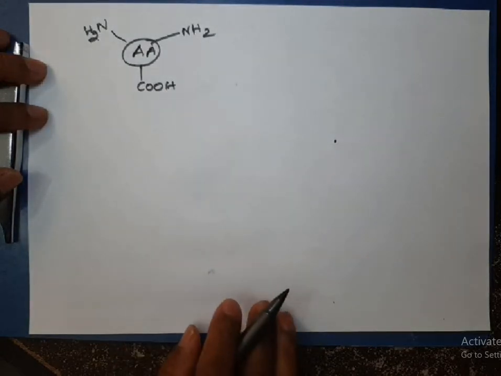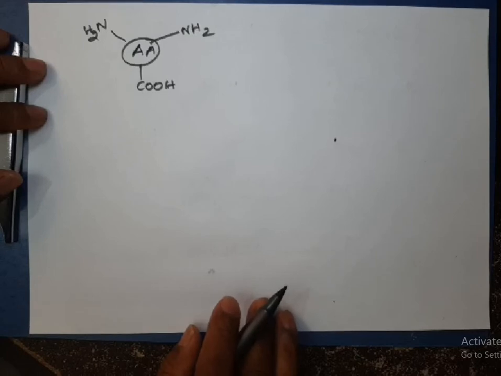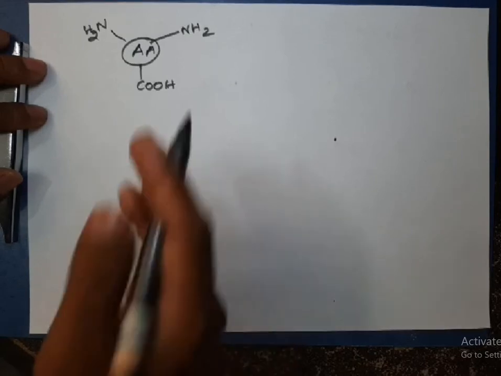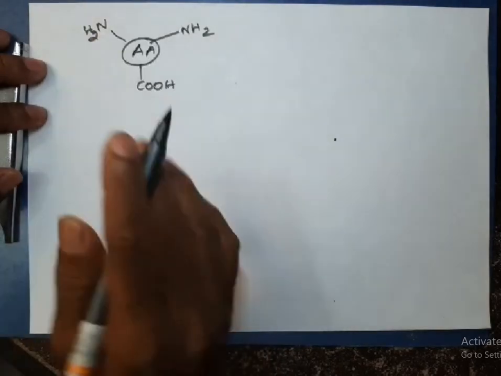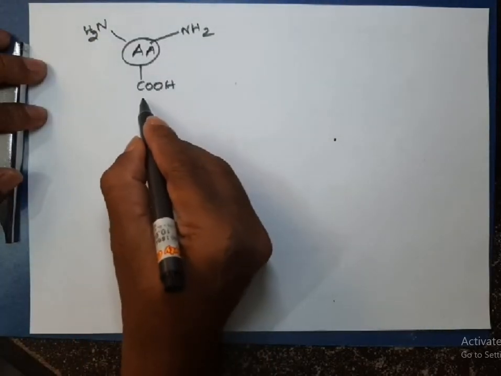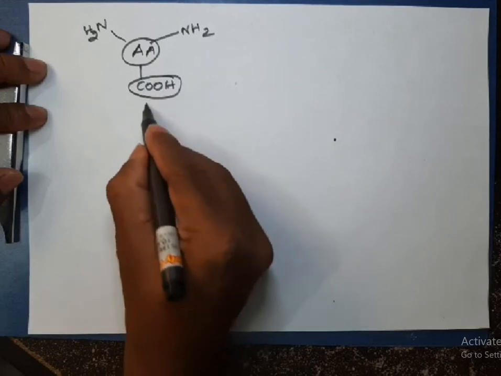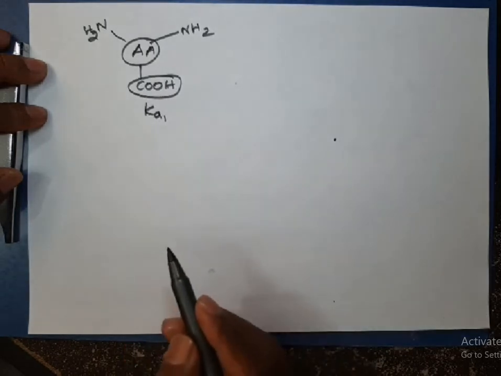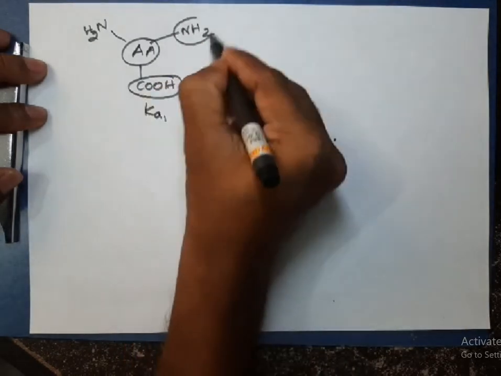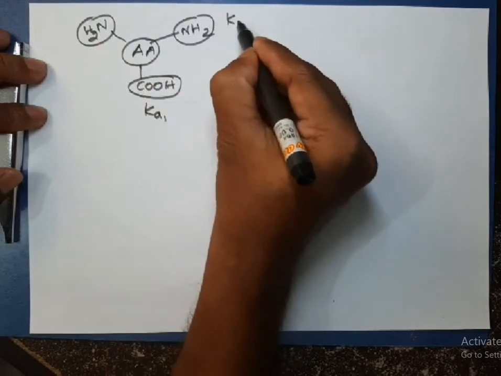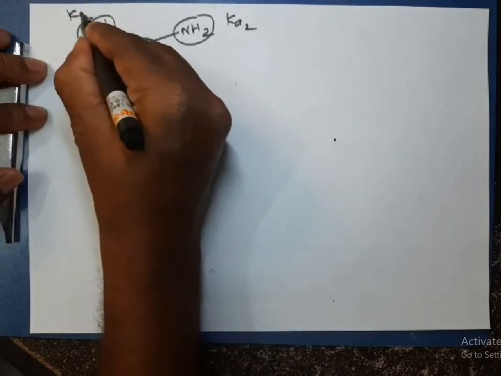What type of amino acid is this? Basic amino acid. Okay, for a basic amino acid, students, observe carefully. For the acid group, they will give a Ka value, Ka1. For the 2 basic groups, they will give Ka values, Ka2 and Ka3.